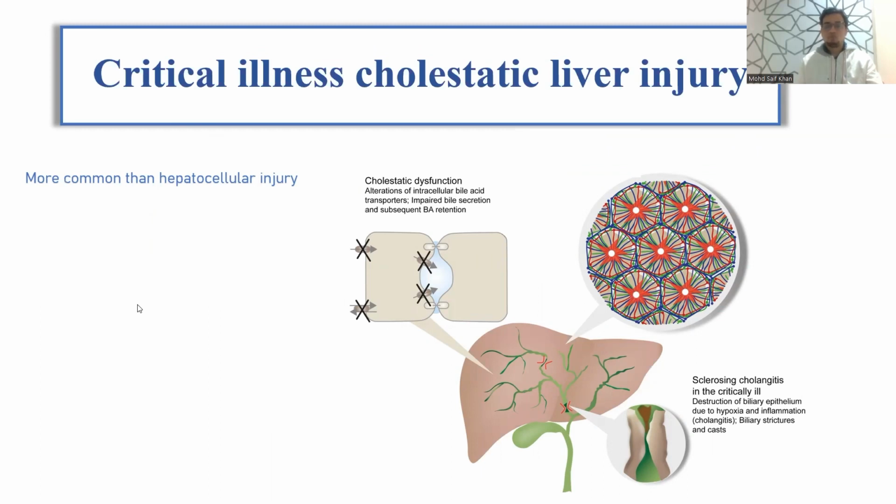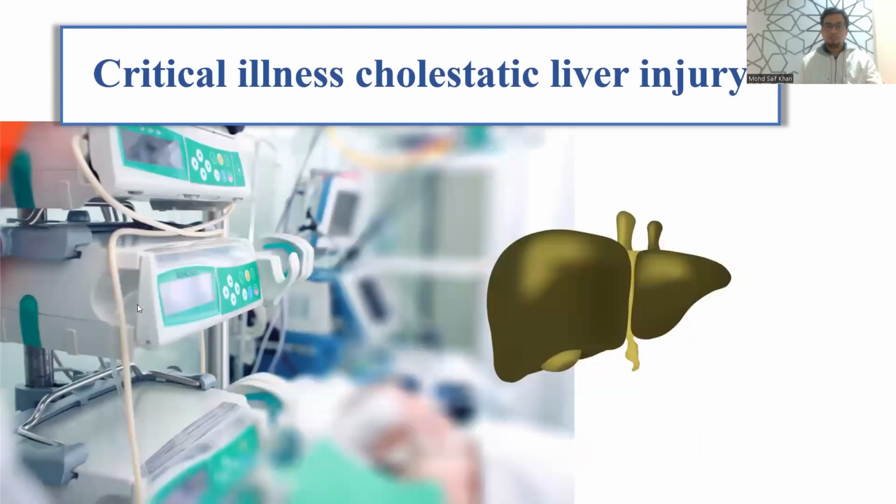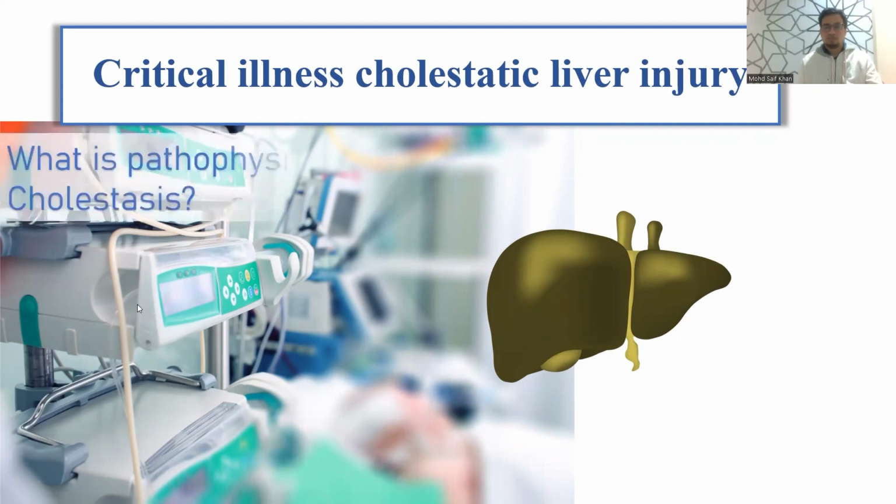But the most common cause of cholestatic liver injury is impaired bile formation. Okay, that is very important, and it could be obstructive or non-obstructive. Now in the ICU, major causes of cholestatic jaundice or cholestasis include insults leading to hepatocellular injury, that is ischemic cholestasis. Okay, so that is your pathophysiology.